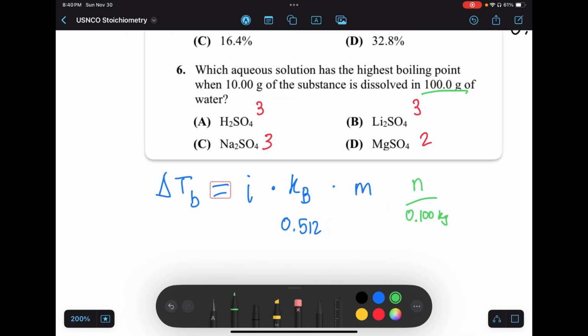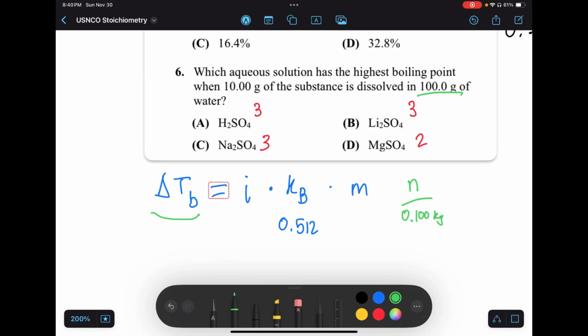So we're trying to find the biggest increase in this, right? Now, 0.512 is always going to be the same between all of these, so you can already cross out magnesium because it only has 2. These threes will be a bigger factor in determining the boiling point elevation. They're all going to be 3s, right?